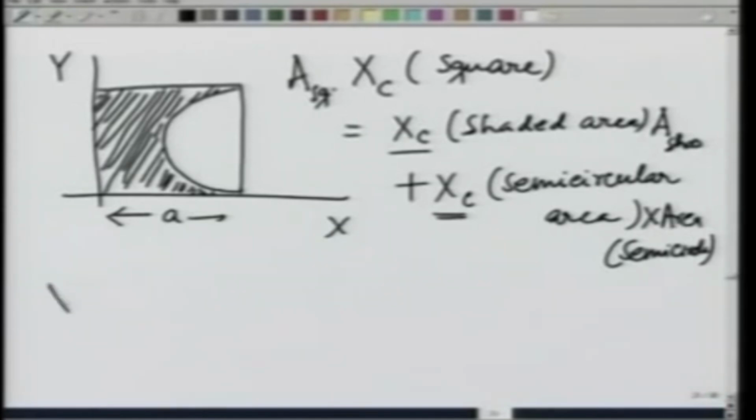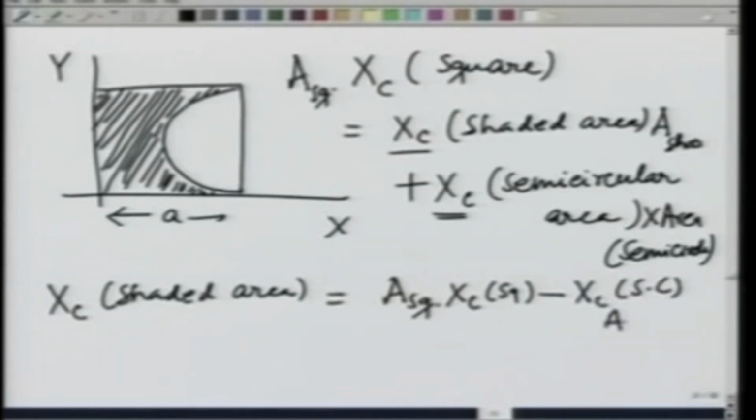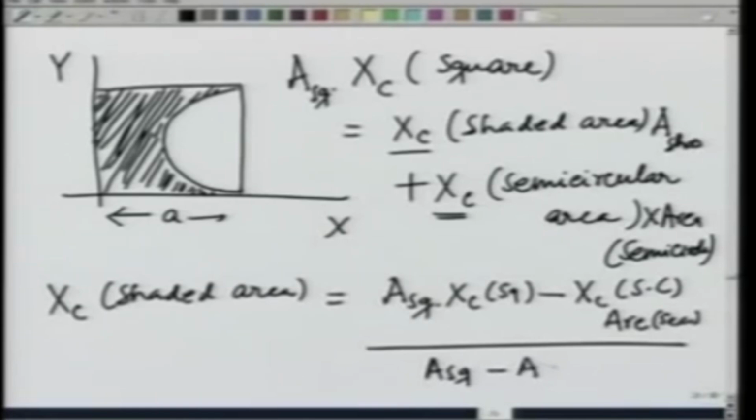And therefore, xc of the shaded area is going to be equal to area of the square times xc of the square minus xc of the semicircle times area of the semicircle, divided by the area of the shaded portion, which is going to be area of the square minus area of the semicircle. And that is what we wish to calculate.